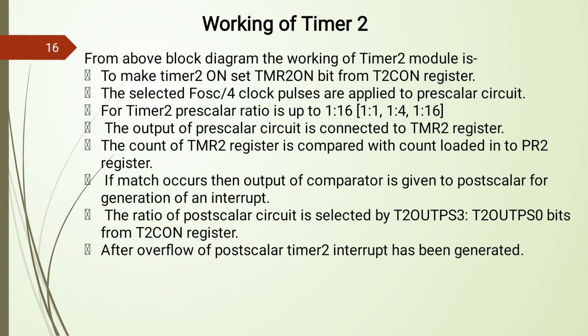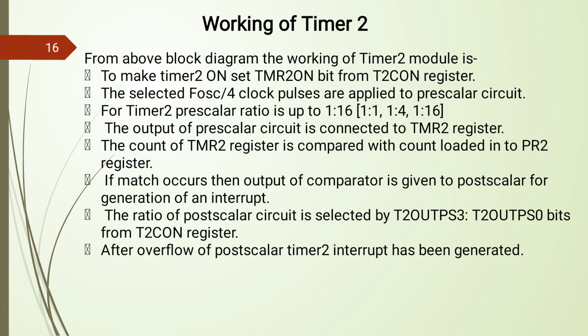Here are also some specific points. Make timer 2 on, then select Fosc as per your requirement, then select the timer 2 ratio, here 1:1, 1:4 and 1:16. For the prescaler there are only three choices, 1, 4 and 16. The output of the prescaler is connected to TMR2, and TMR2 is always compared with the count loaded in the PR2 register, and then it generates a signal like this.